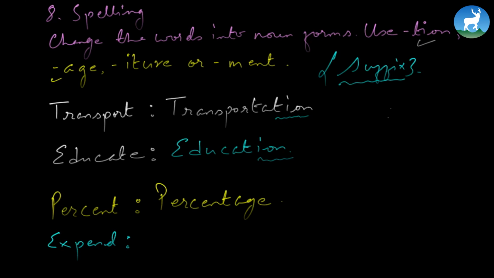And don't forget, if you're confused, you surely can get help from a dictionary for the spellings as well as for the words. Okay, here we have again entertain, entertain. Now we have improve, improve.